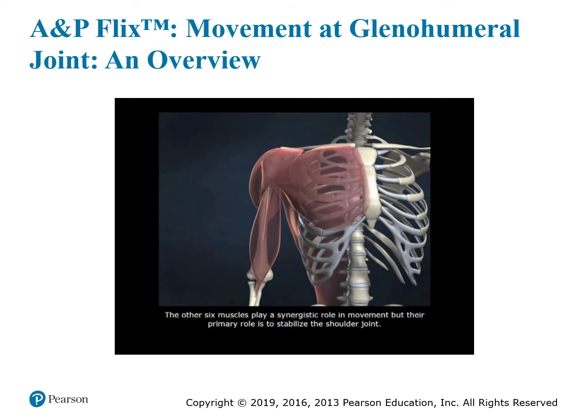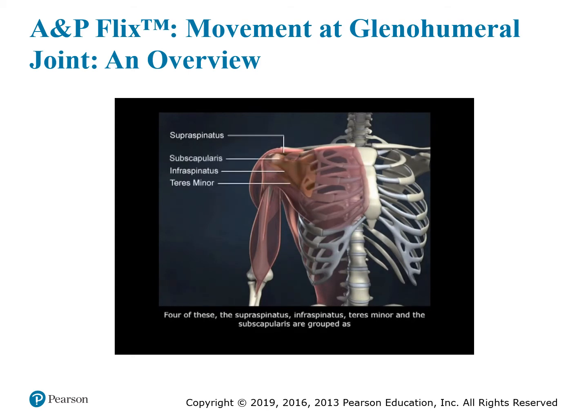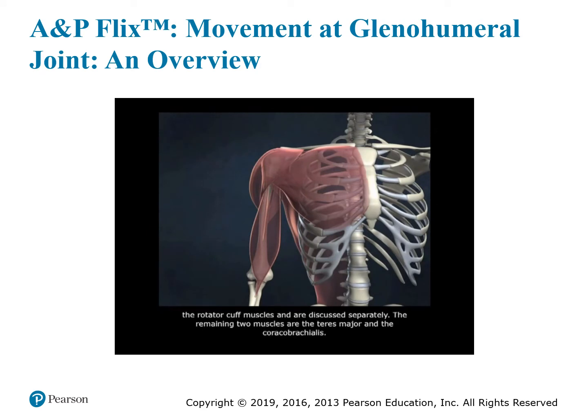The other 6 muscles play a synergistic role in movement, but their primary role is to stabilize the shoulder joint. 4 of these, the supraspinatus, infraspinatus, teres minor, and the subscapularis, are grouped as the rotator cuff muscles and are discussed separately. The remaining 2 muscles are the teres major and the coracobrachialis.